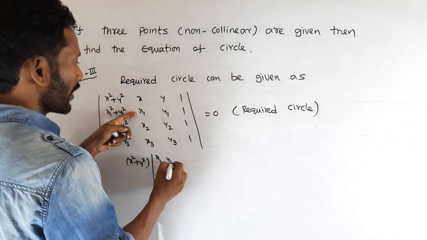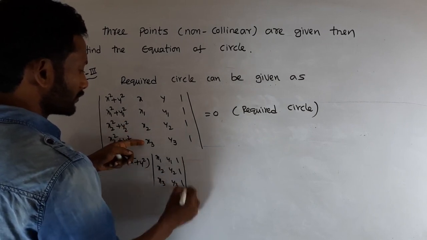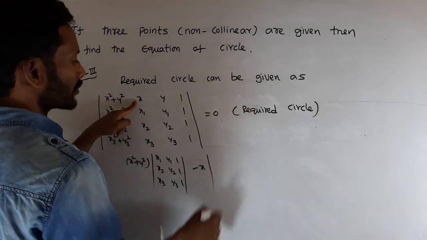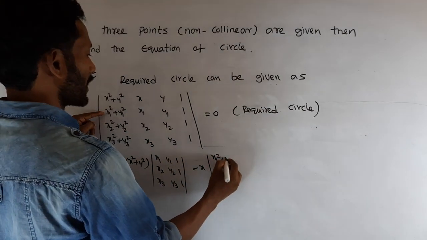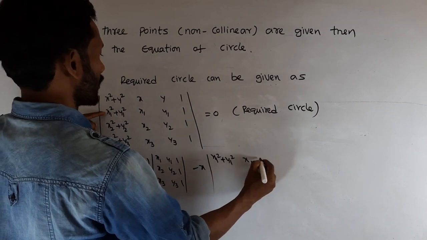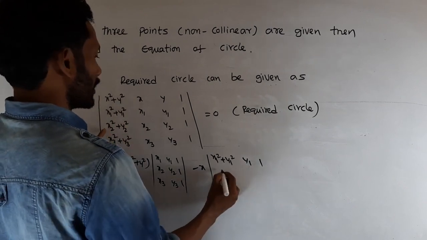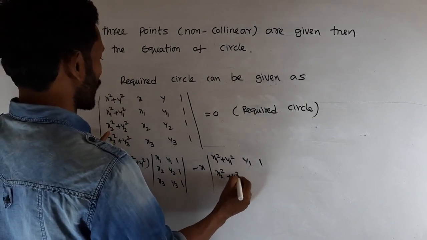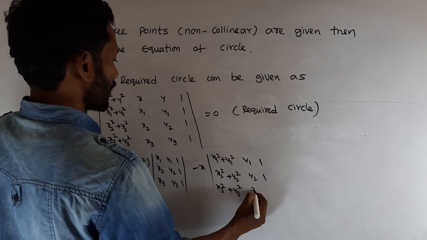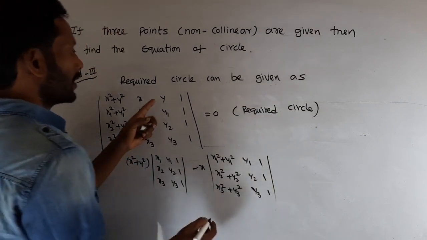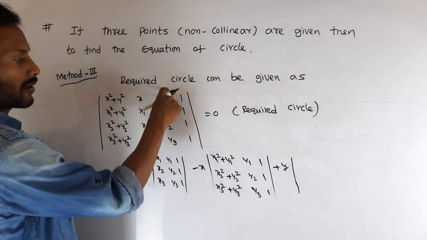So x1, y1, 1, x2, y2, 1, x3, y3, 1 minus x into, we have to leave first row and second column. x1 square plus y1 square, y1, 1, x2 square plus y2 square, y2, 1, x3 square plus y3 square, y3 and 1, plus y into determinant of, we have to leave first row and third column.